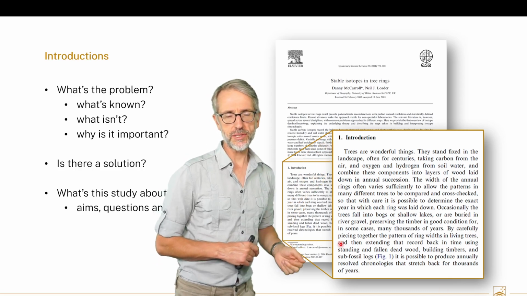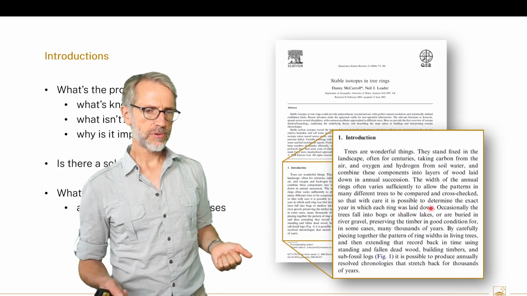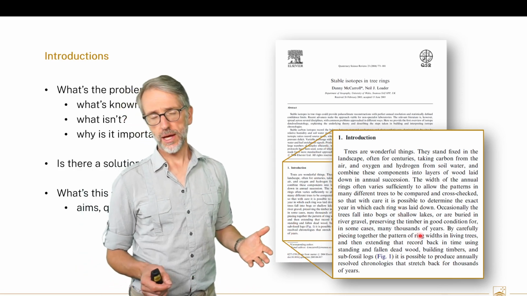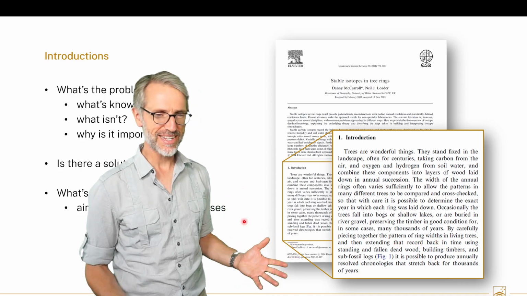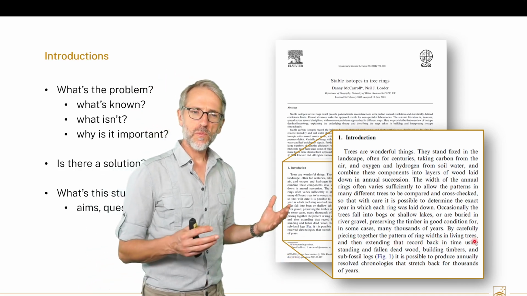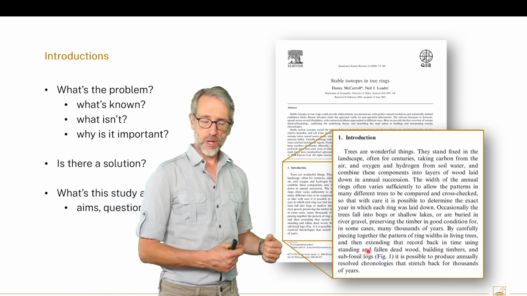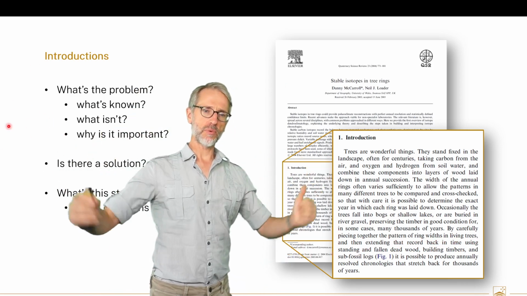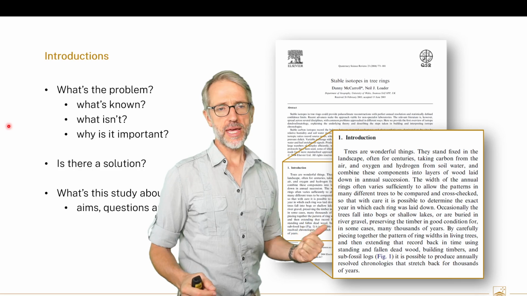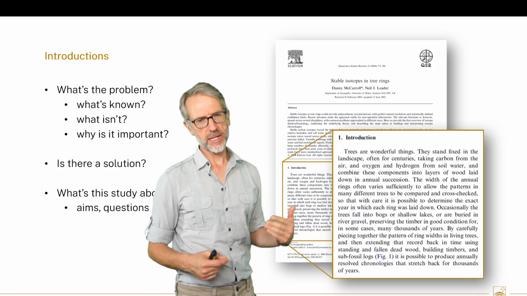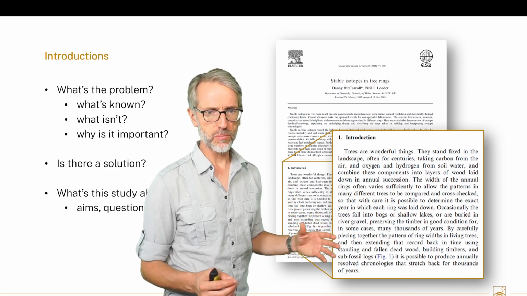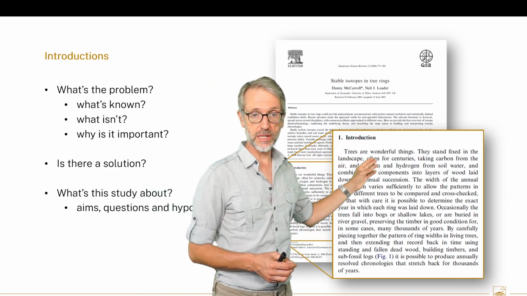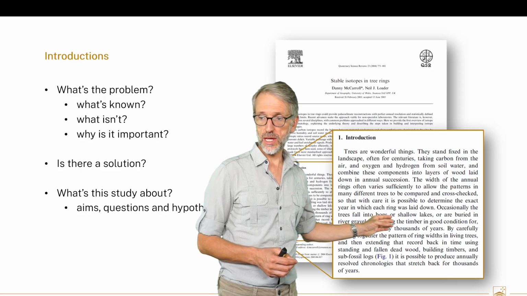See the first sentence in the introduction. Trees are wonderful things. Of course they are. They are fantastic things. But what the authors need to do, having made that really broad statement, is to then make a clear argument as to why they're wonderful things. What is it about them that's so wonderful? And well, they do that in the subsequent sentences.